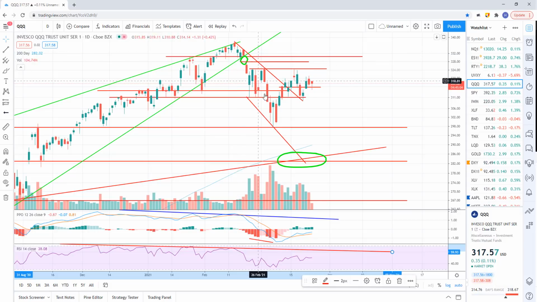But typically you're not going to see just a drop and then a bounce and then off to new highs. Now that could happen, but what I'm looking for is signals or signs that this downtrend that started back here on this breakdown is finished. And I don't see any of that. Price simply moving up is not an indicator that a downtrend is over.